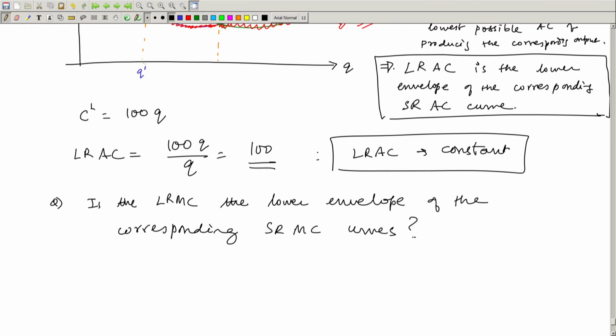I will let you think about this for a few minutes and we will discuss drawing the long run marginal cost from the corresponding short run marginal costs.